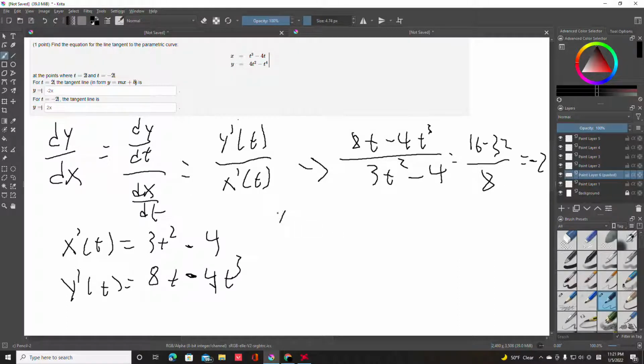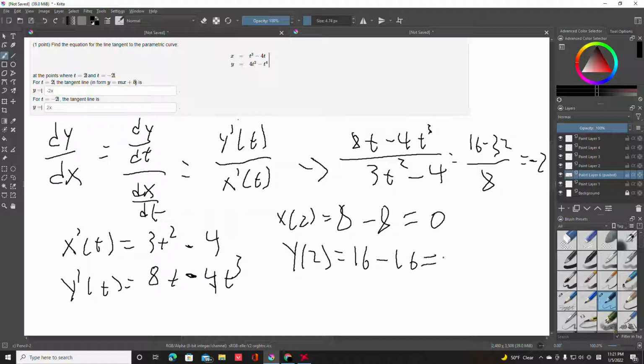So x of 2 is 8 minus 8, which is just 0. And y of 2 is 16 minus 16, which is 0.